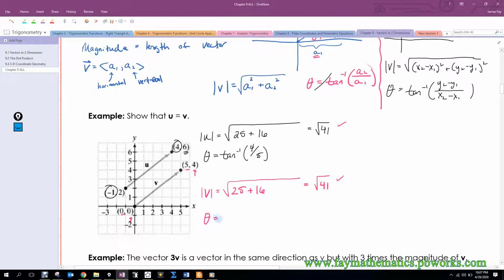But now if I go theta, I would go tangent inverse of this y distance, which we figured out was 4, divided by that x distance, which was 5. And now you see the thetas are the same. So that tells us that u is equal to v because they're both the same length and the same direction.